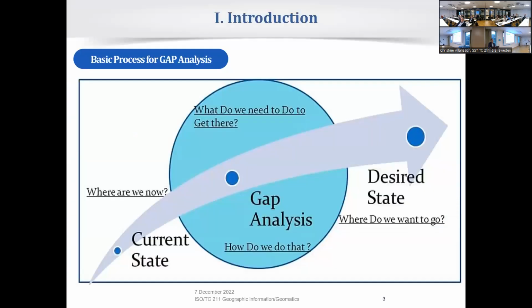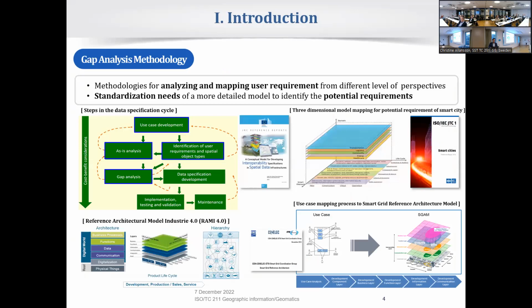The gap analysis is about going from the current state to the desired state. And to get there, gap analysis provides what we need to do and how we do that. There seems to be a lot of gap analysis these days, and there are some analysis methodologies.